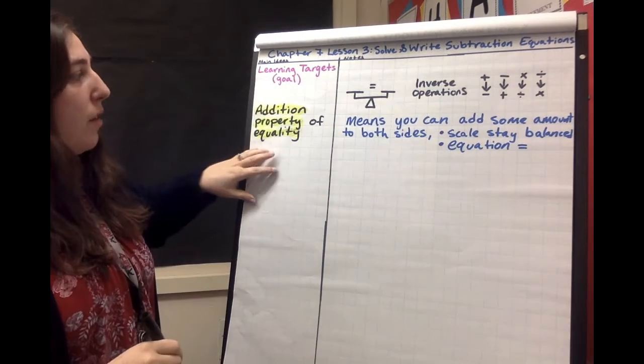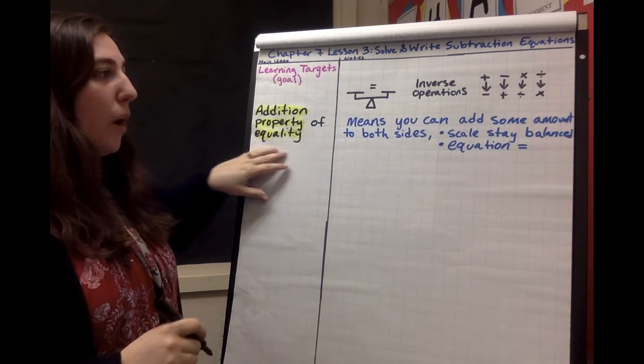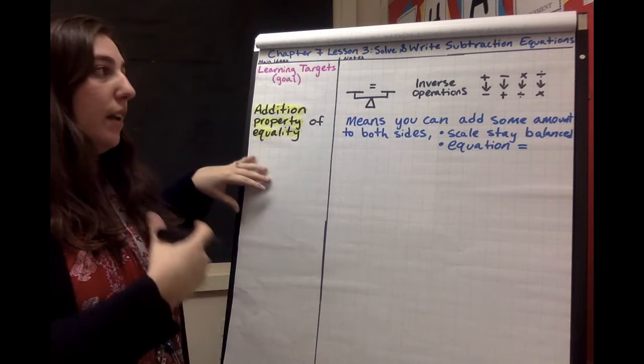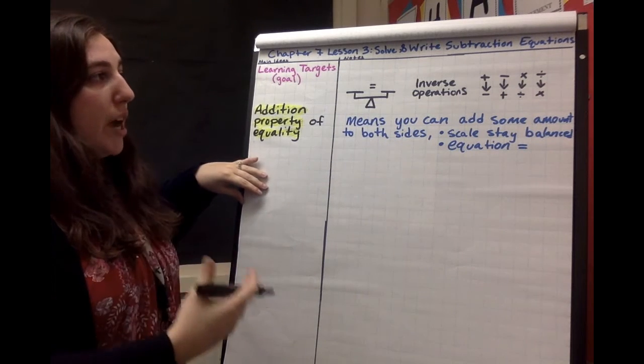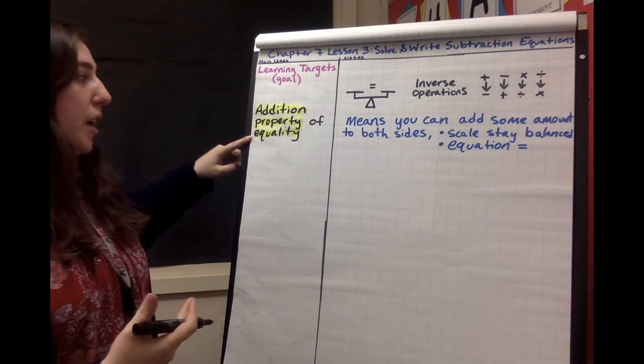Okay. Now that we understand the addition property of equality, this is part of our learning target. Our learning target was I can solve subtraction equations by using the addition property of equality.